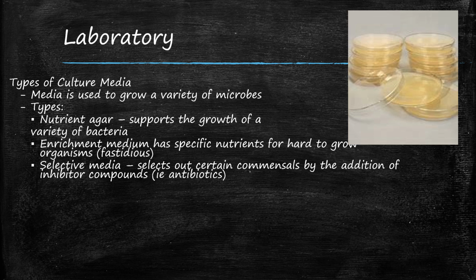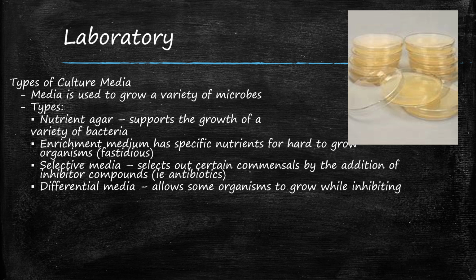You might want to add an antibiotic. So that's going to eliminate the growing of commensals. The commensal bacteria will be inhibited by the antibiotic, and you'll be allowed to grow your yeast. Differential media allows some organisms to grow while inhibiting others.